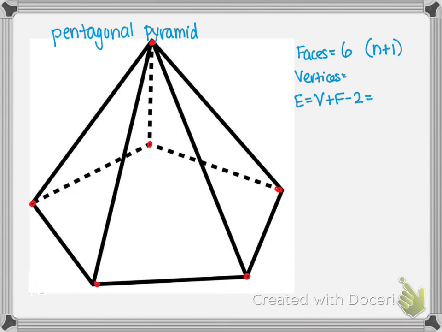So we were correct. We have 6 vertices, or n plus 1 again. Now we can add the vertices plus the faces, subtract 2, and we find that we have 10 edges on this pentagonal pyramid. Let's fill in the rest of our chart.